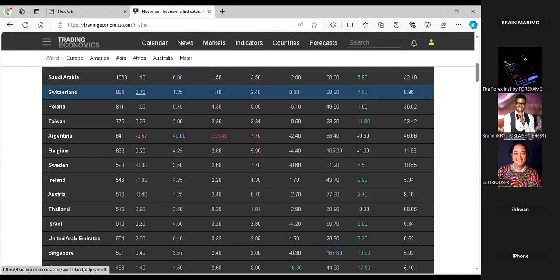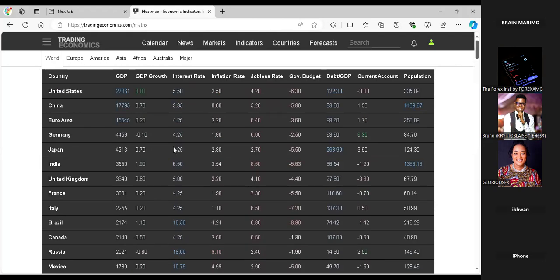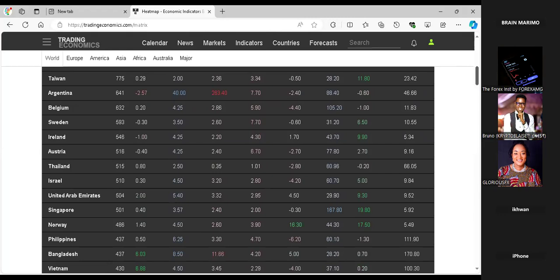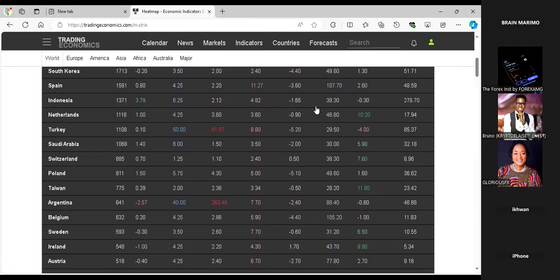Is this the column? No, sorry, the third one. Switzerland, 1, 2, 3, 1.25. Still very low compared to, of course, the US one at 5.5. They've cut a couple of times. They've brought it down.